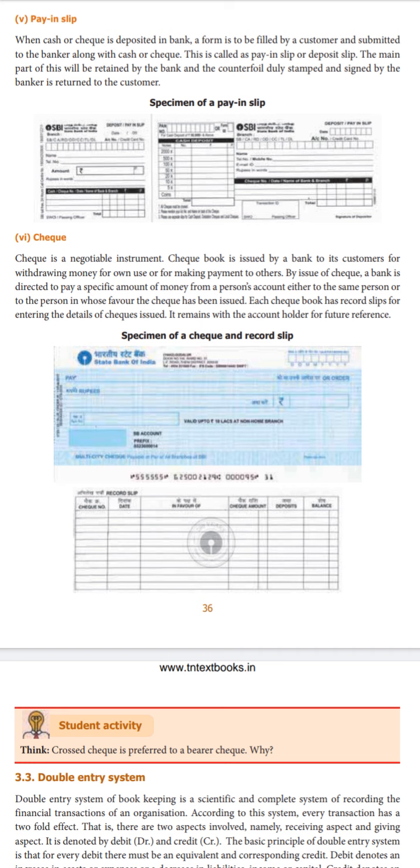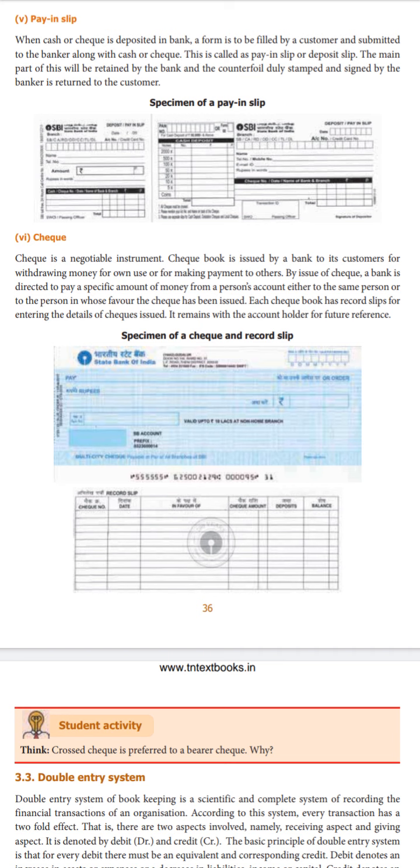If you write any name there, that particular person can go and withdraw the amount. So it is not that you alone can use it; even the other person, when you sign, can also use it.